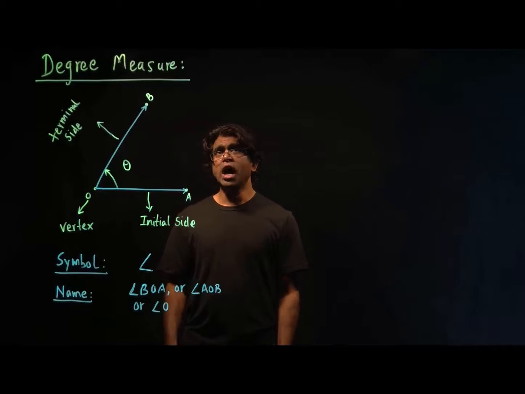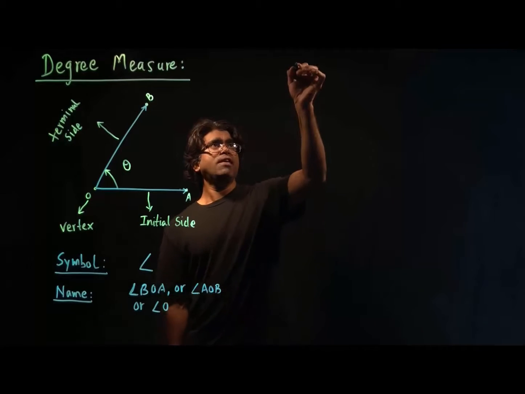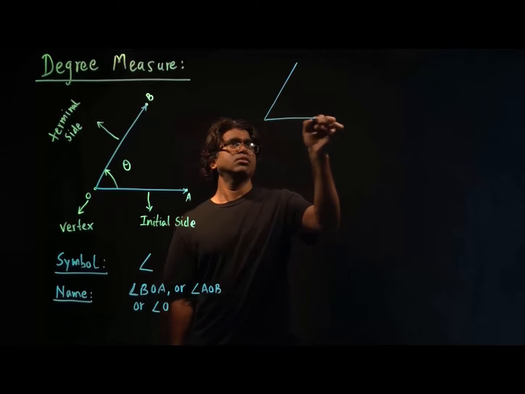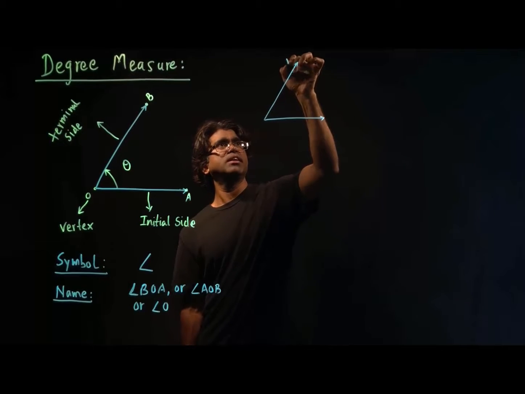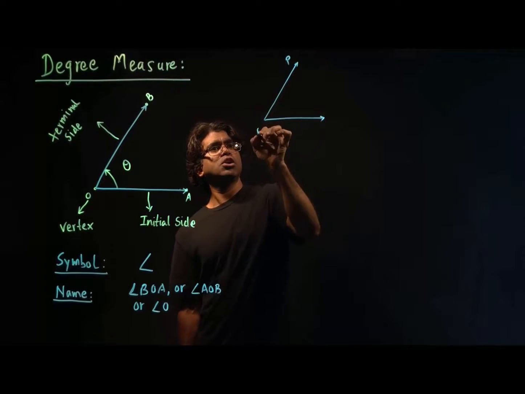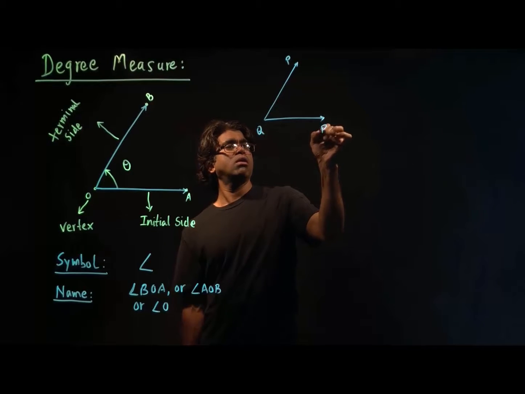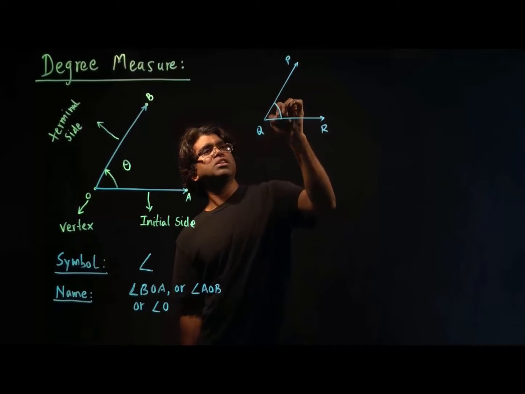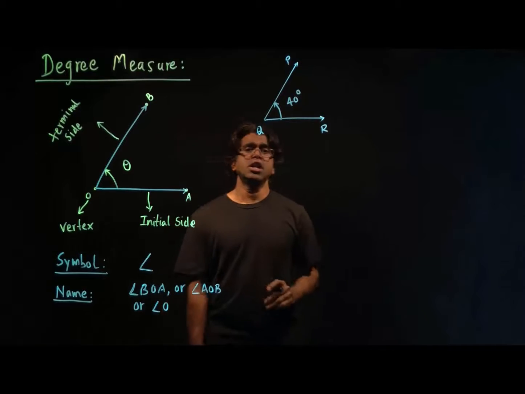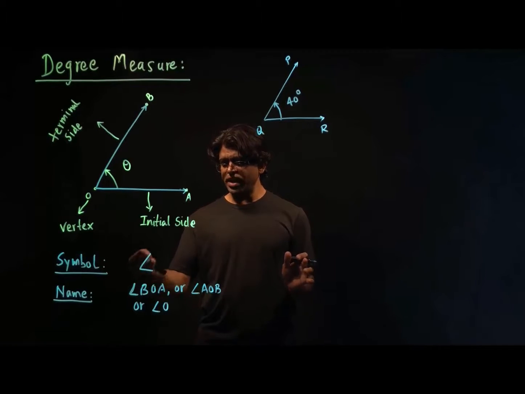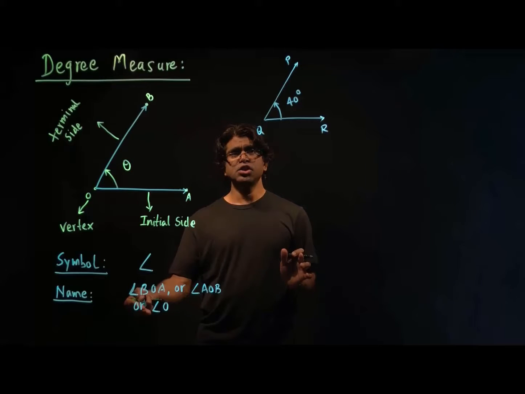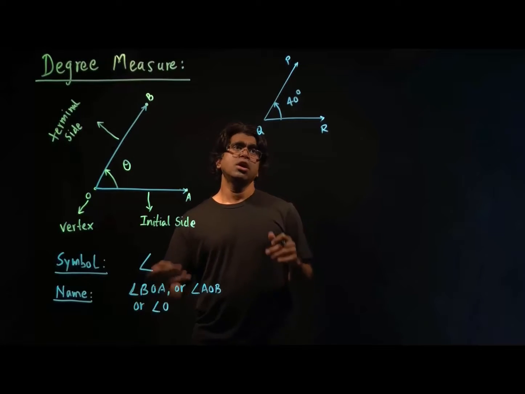Alright? Now, suppose I have an angle, and I'm going to take this one as PQR. And I'm going to say this is my angle with 40 degrees. Now, we already know there are three different ways to write the name of the angle.